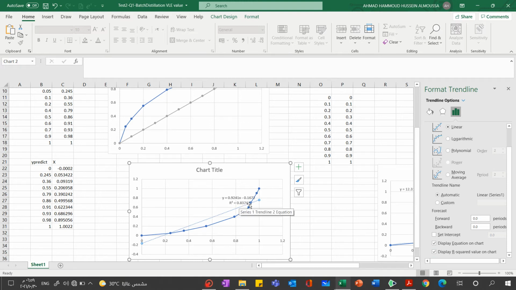So what we will do is choose polynomial. Then after that, add the order until you get a suitable R squared for the polynomial equation.